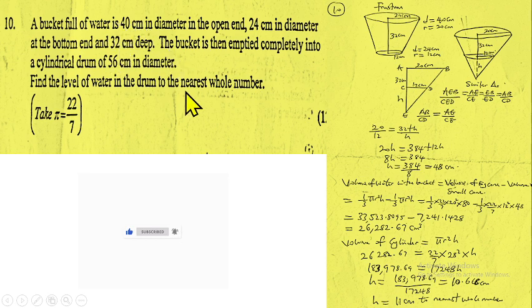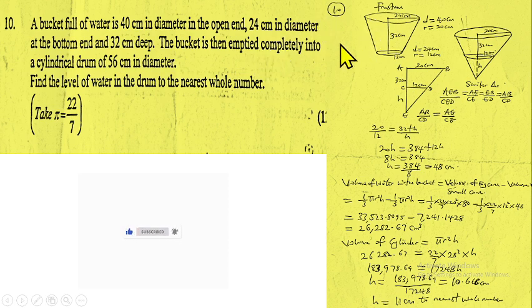If they were the same, we could say that probably that's a cylinder. But since the diameters are not the same, the circle at the top and the circle at the bottom are not the same, so it cannot be a cylinder. That means it's going to be a frustum that is cut from a cone.